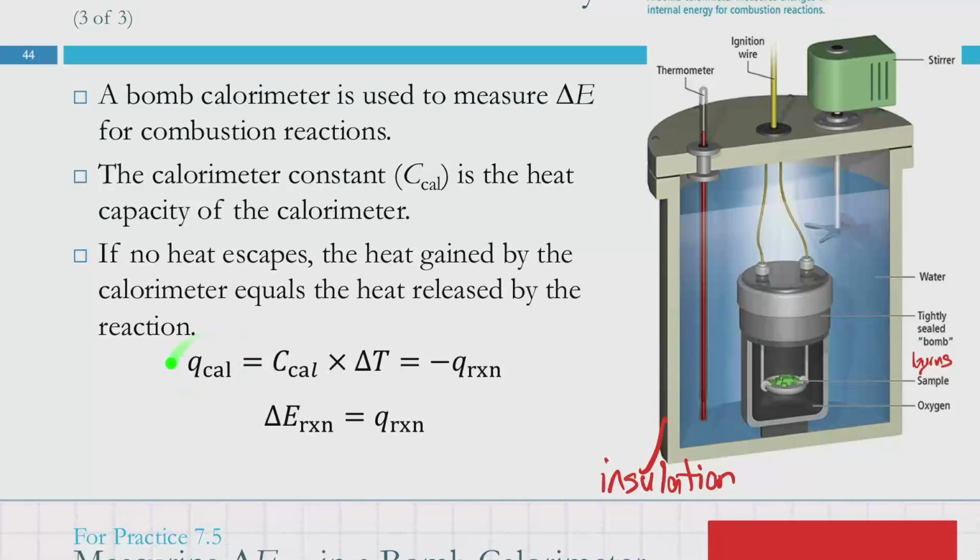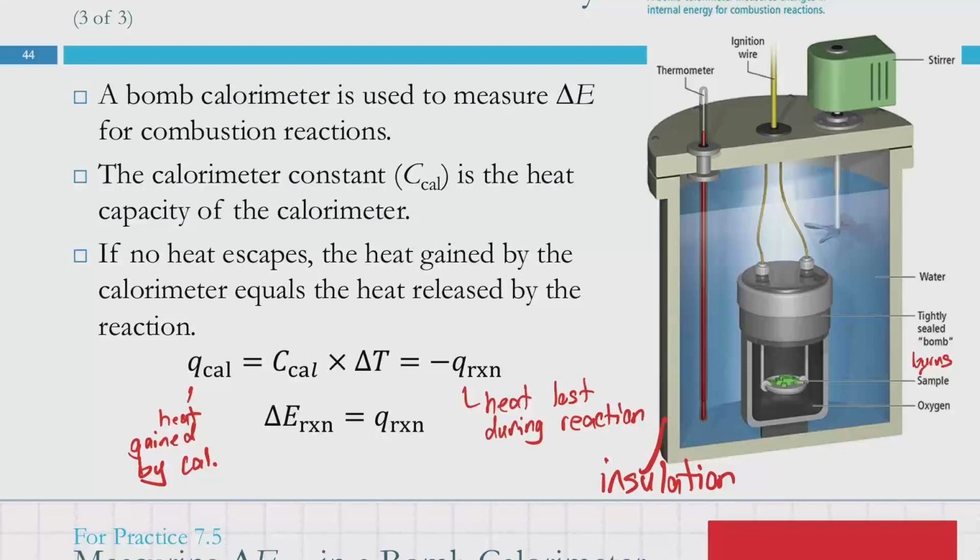So the heat gained by the calorimeter equals the heat capacity of the calorimeter times the change in temperature, which gives us our negative Q reaction, the heat lost by the reaction.